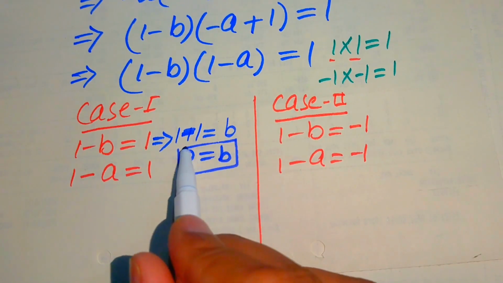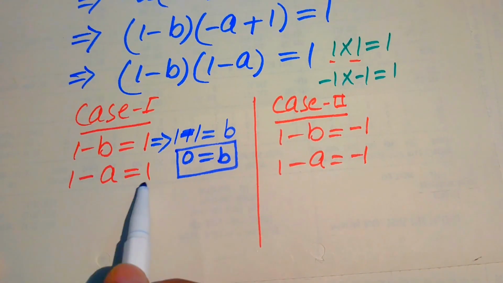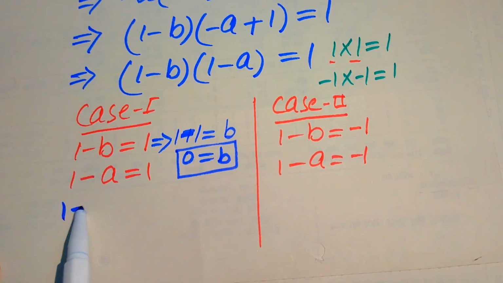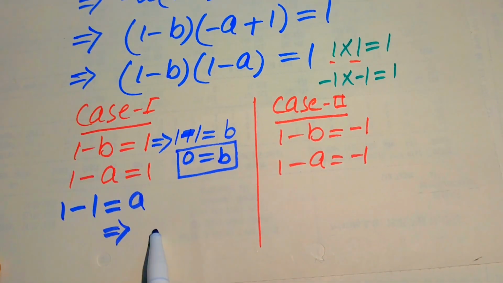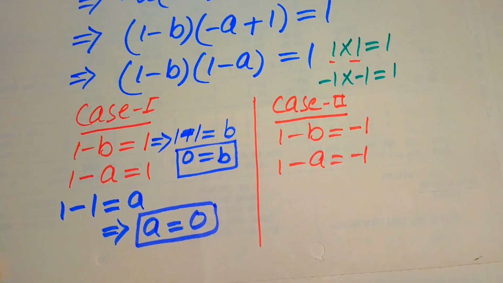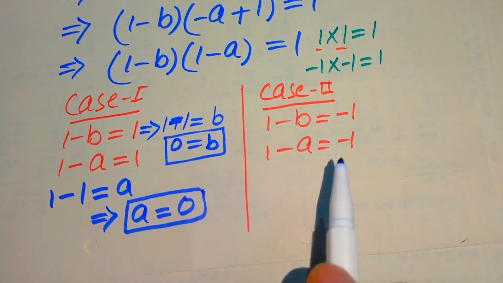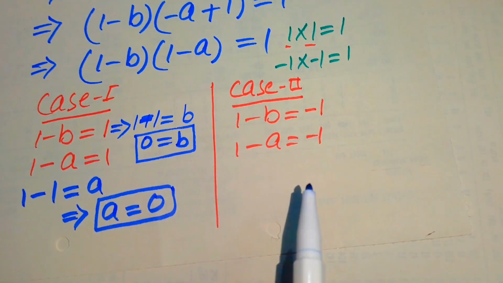So from the first equation we get the value of b is equal to 0, and from this equation here we again move minus a to the right hand side and 1 to the left hand side. It becomes 1 minus 1 equals a, and this implies that a equals 0. So from the first case we get a and b equal to 0, and from the second case we move minus b to the right hand side and move minus 1 to the left hand side.